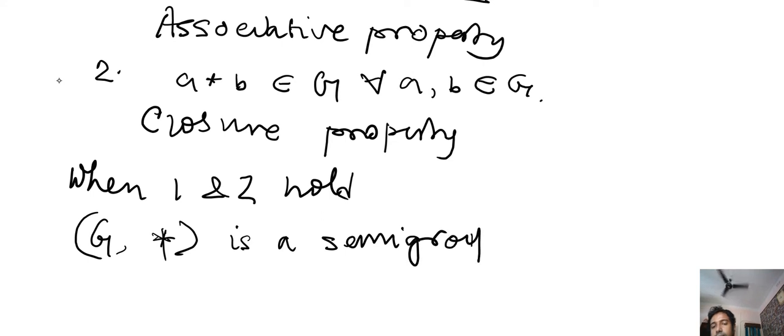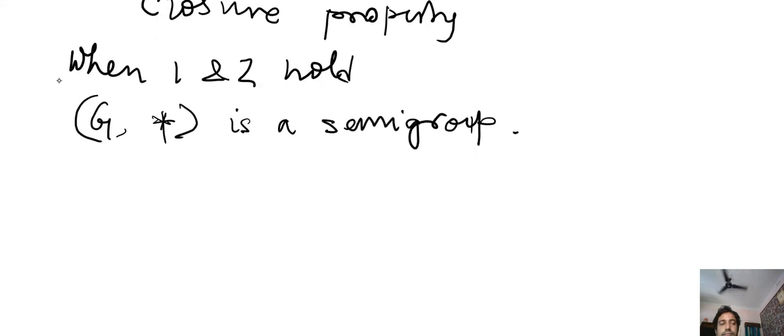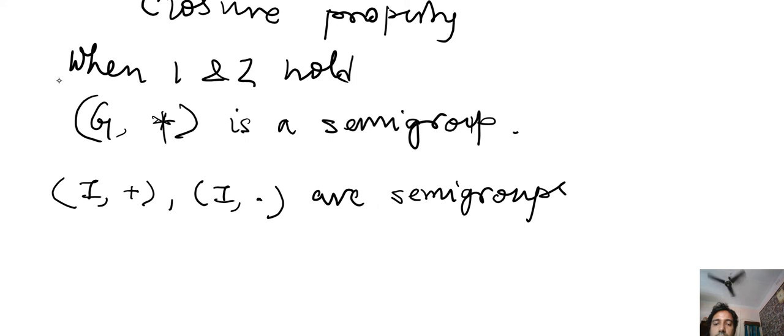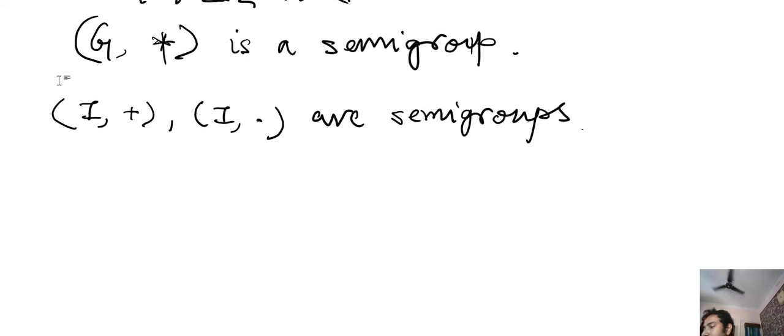The set of integers with plus and the set of integers with multiplication are examples of semigroups.